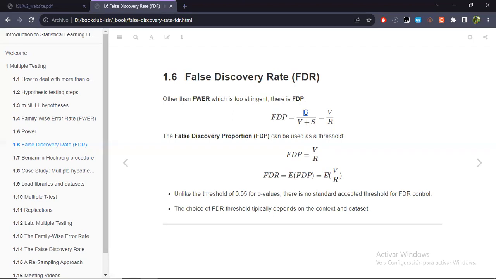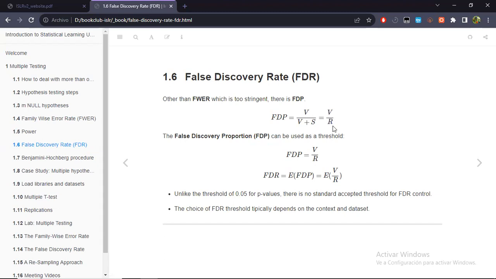We no longer want B to be small, that is, to commit no false positive, but we want this expression to be small, that is, the proportion of the false positives compared to the total of positives. Every time that we rejected a null hypothesis, we want this proportion to be quite small.